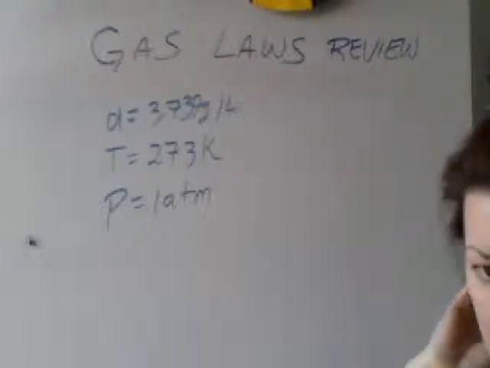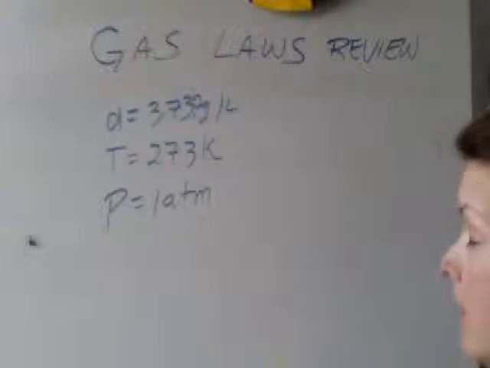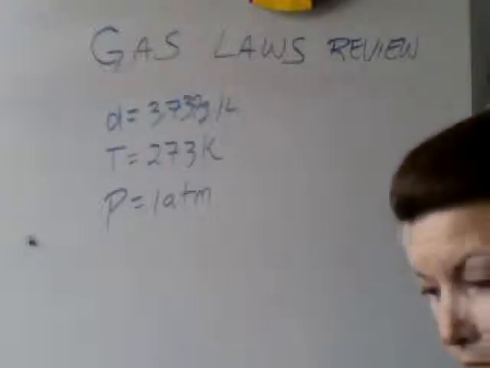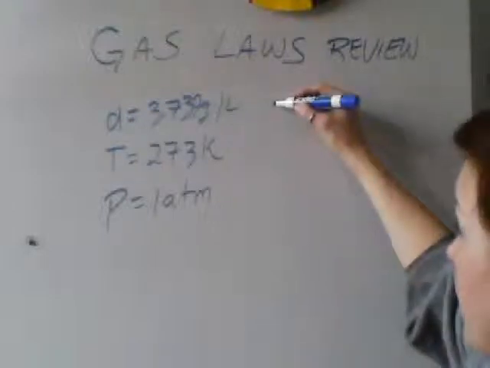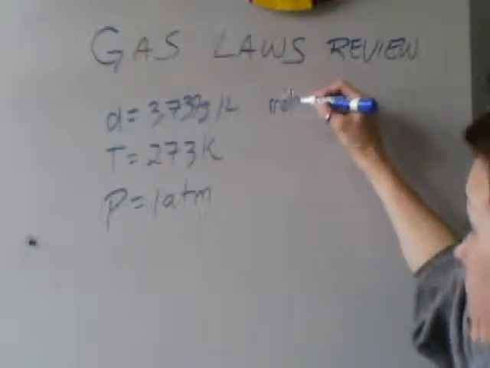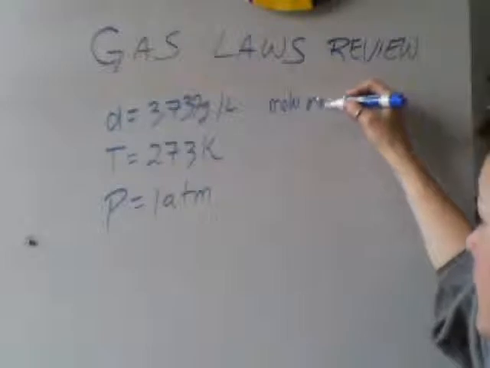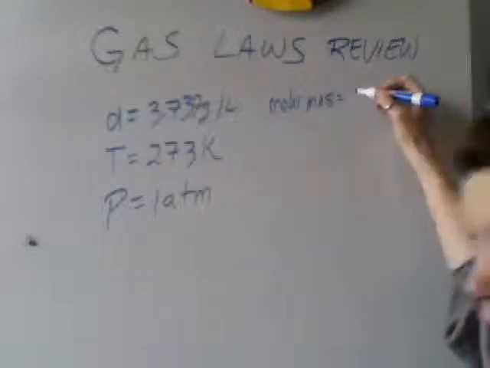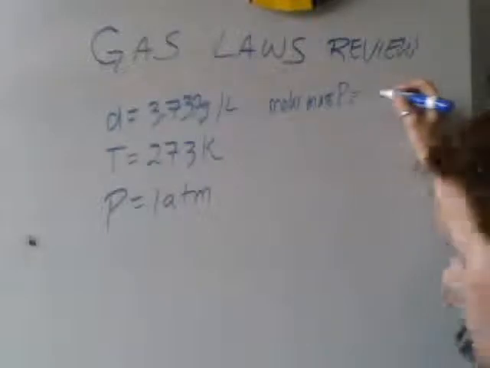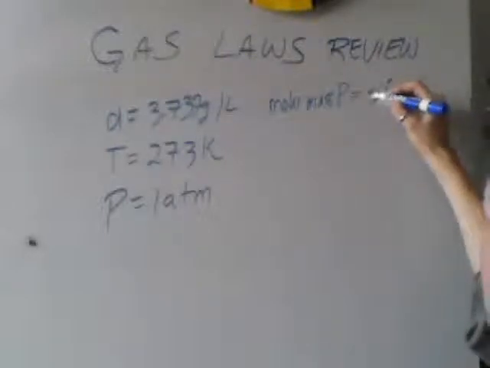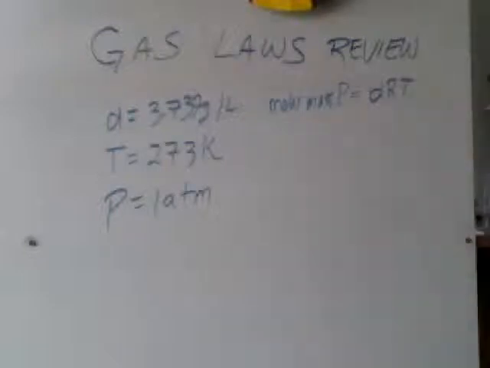So on a worksheet that I gave out earlier, there was a whole derivation of using the density formula and substituting it into PV = nRT. And we ended up with an equation that says the molar mass of a substance times its pressure will equal its density times R times temperature.